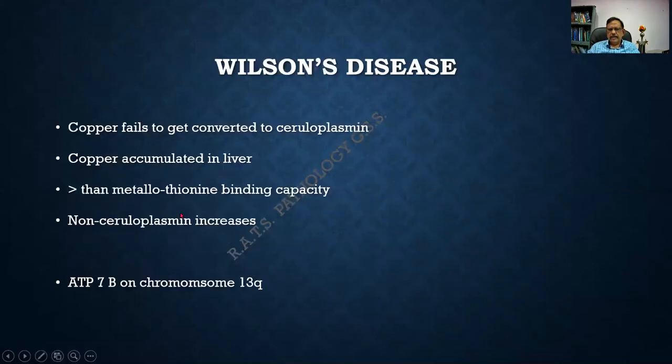And these are the various hypotheses by which it can happen. The copper fails to get converted to ceruloplasmin and it accumulates in the liver, more than the metallothionein binding capacity. The defect is basically in the ATP7B on chromosome 13q, where there can be a fragmentation or a deletion.